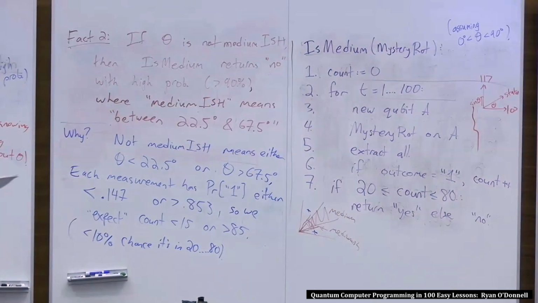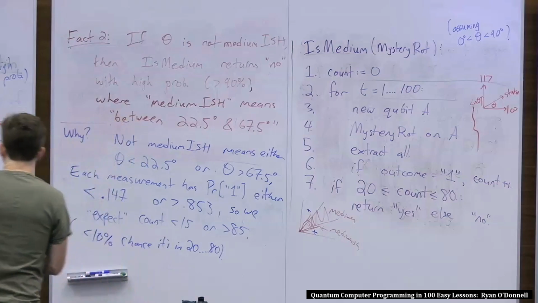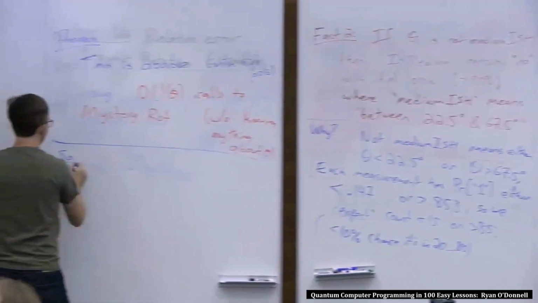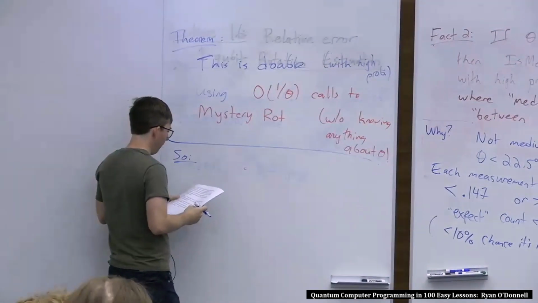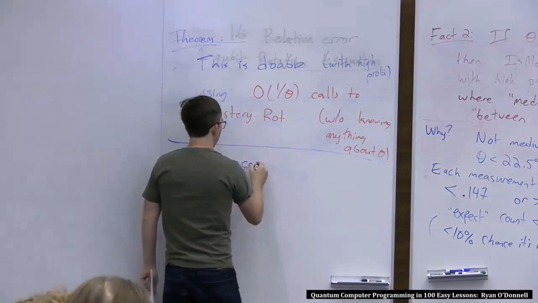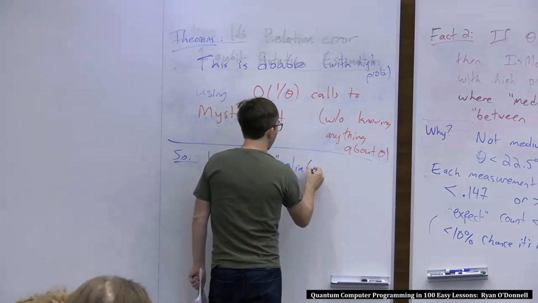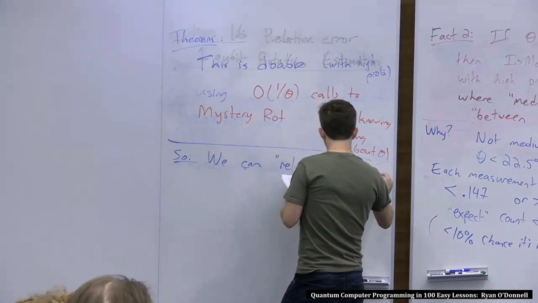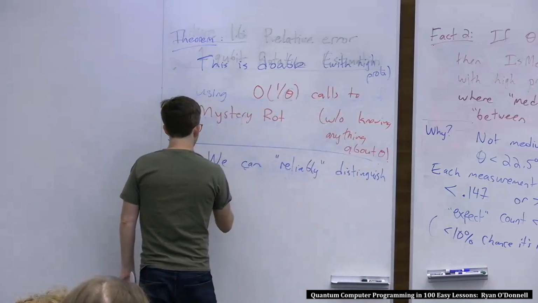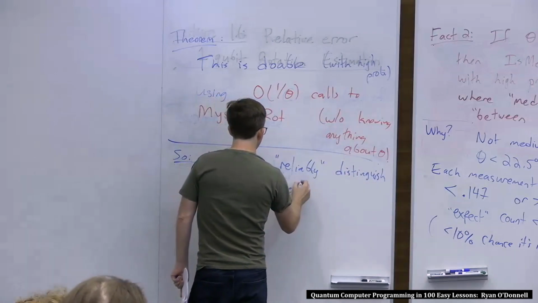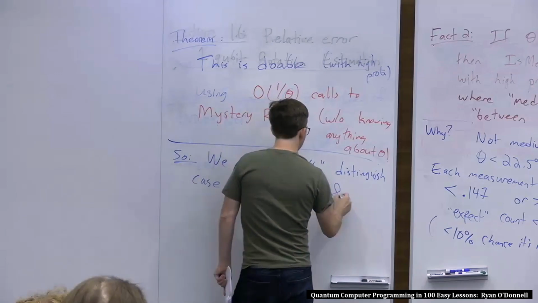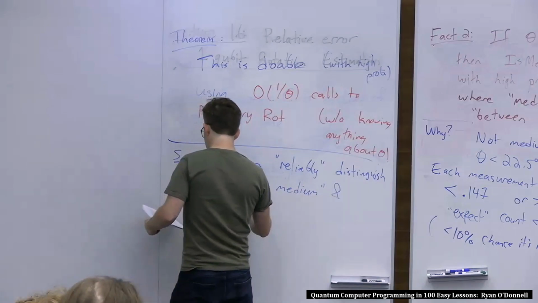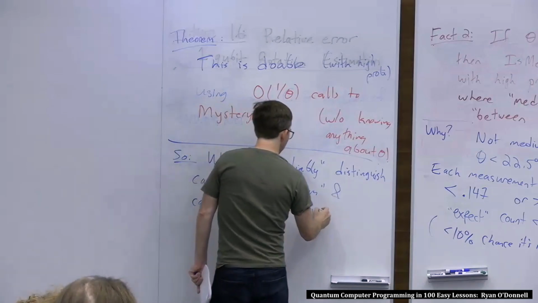Okay, so let me write it over here. The upshot of these two facts is we can reliably, and I'm going to put this word reliably in quotes because I'll come back to it, distinguish the case theta is medium, and the case theta is not even medium-ish.